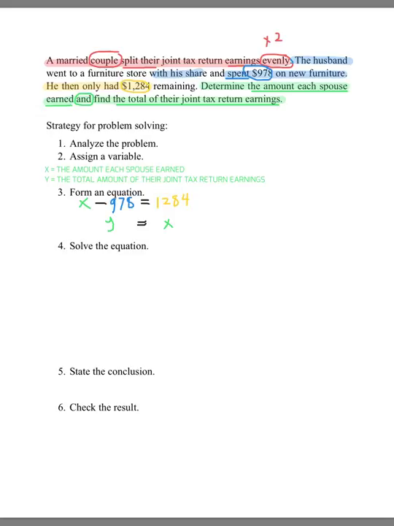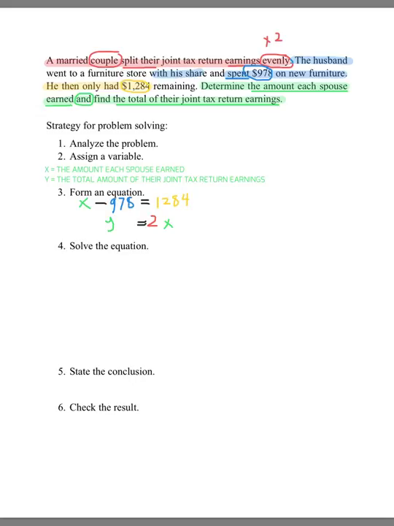There's two ways we can go about this. One way is first we want to identify which one's bigger, the Y or the X. Since Y represents the total earnings, Y is definitely going to have to be bigger. So that means X is smaller, so we're going to multiply X by 2 in order to make this equation true. So there we go. Those are going to be our two equations.